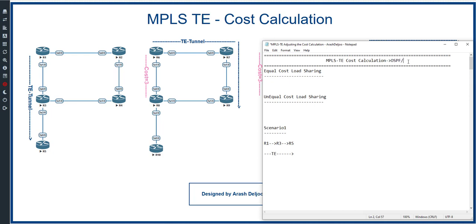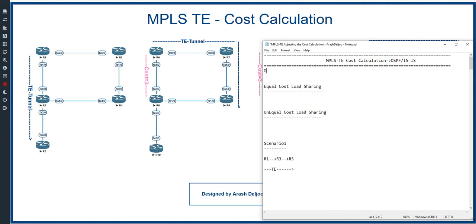You can configure IS-IS; both of them are the same, but I'm going to use OSPF as the example. Also, in OSPF, we have a cost of 1 for the Fast Ethernet interface, because the cost of an interface equals 10 to the power of 8 divided by the bandwidth of the interface. Because the Fast Ethernet bandwidth is 100 megabits per second, the cost of a Fast Ethernet interface in OSPF equals 1.